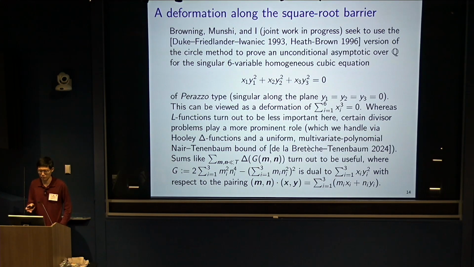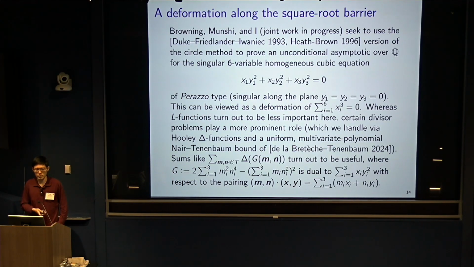I have the formula written down here, with this polynomial GMN. At some point we need to know the balanced factorizations of this polynomial GMN in certain dyadic ranges. That's controlled by what's called the Hooley delta function, which is useful for saving powers of logs, things like that.